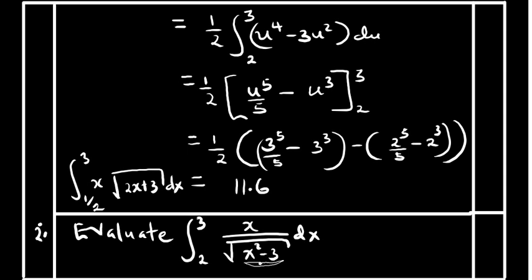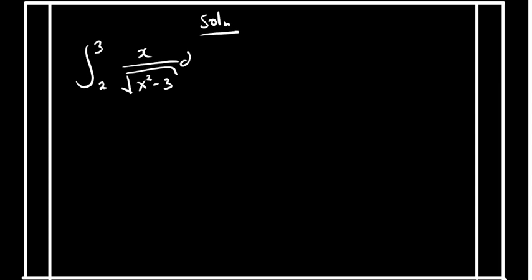So let's do that. I will say in our solution, we had our integral, we're integrating from 2 to 3, and we had x out of the square root of x squared minus 3 with respect to x.